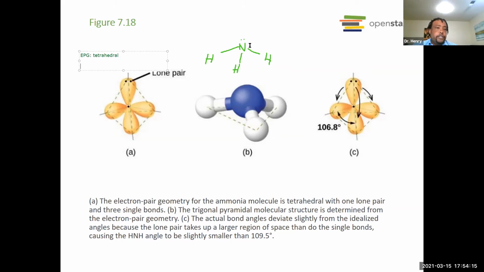Now the molecular geometry, that's going to be altered because the lone pairs affect the geometry, but we don't see those electrons there. So it's no longer going to be tetrahedral. In this case, it's going to be trigonal pyramidal.